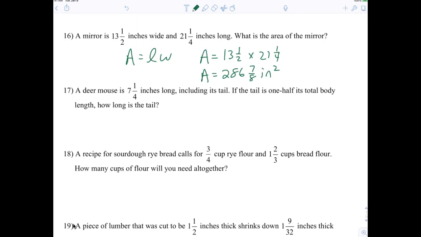All right, what? 286 square inches. Area is measured in square inches. Yes. All right. Here we go.